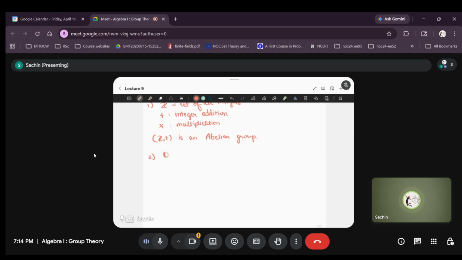Then we have the set of rational numbers, again with addition and multiplication being standard.